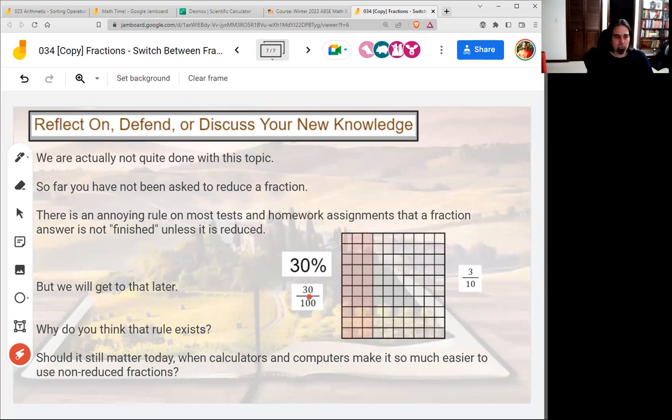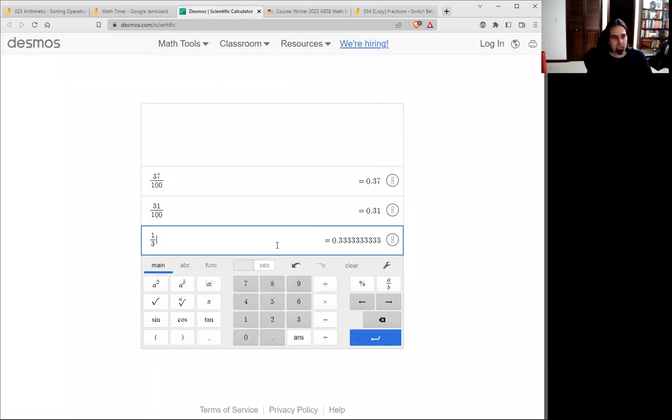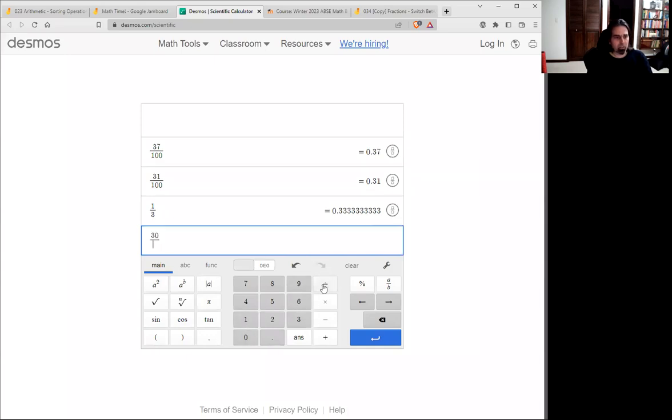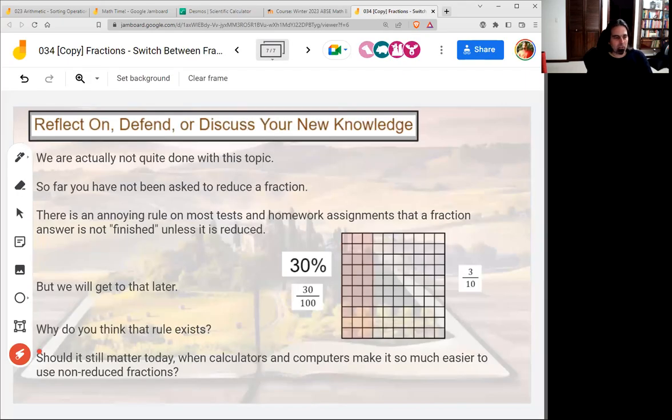Maybe that rule is just an out-of-date rule, because with calculators and computers, this isn't any harder to do. I can certainly put 30 out of 100 in my calculator, very easy. Or maybe it's still an important rule, and there's some reason that this is a friendlier or nicer fraction than that one to use. So think about that over the weekend.